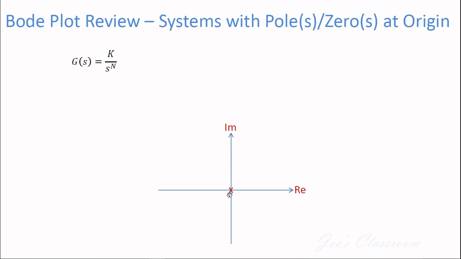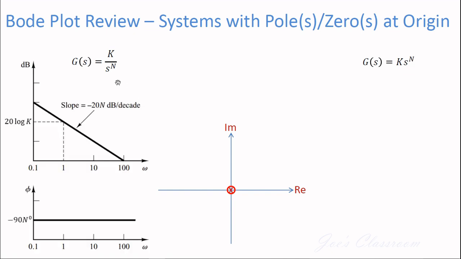There may be one pole or multiple poles, so depending upon the number of poles at origin, this n will vary. And if I have a zero at the origin, then the transfer function expression is going to be G(s) = K s^n, and again, n is the number of zeros at the origin.